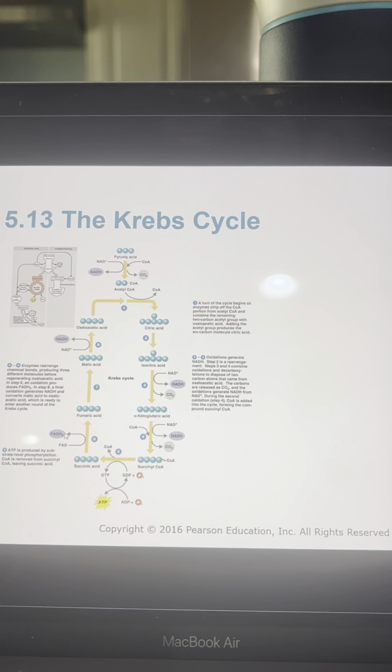So, but what I'm asking is this. Okay, so what's coming in? What's coming in will be acetyl-CoA. What's coming out will be 3 NADH, okay, 1 FADH2, 2 CO2, and 1 GTP or ATP. This is per pyruvic acid.